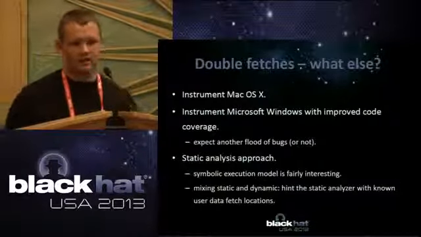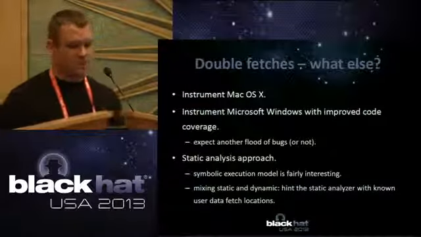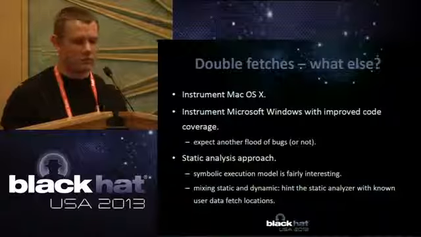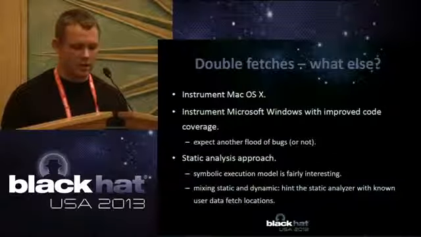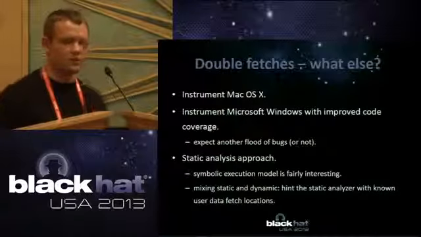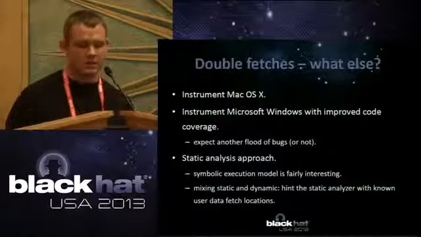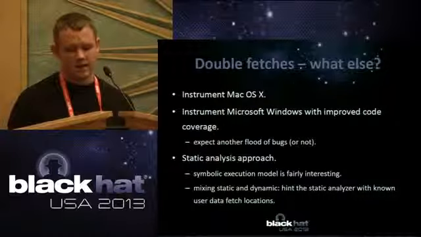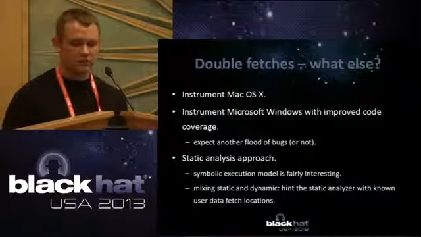When it comes to double fetches themselves, there are some other things that we can do, like instrument Mac OS X and improve the coverage for Windows, which I already mentioned. One other interesting thing that we could do for double fetches specifically is try to approach them with static analysis instead of dynamic analysis. The symbolic execution model is fairly interesting for that.